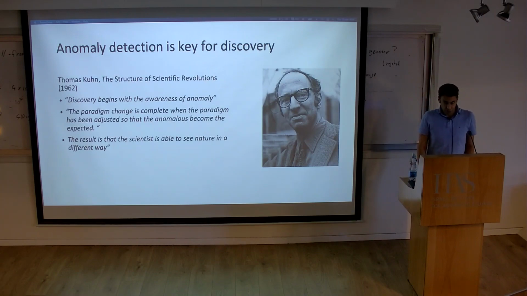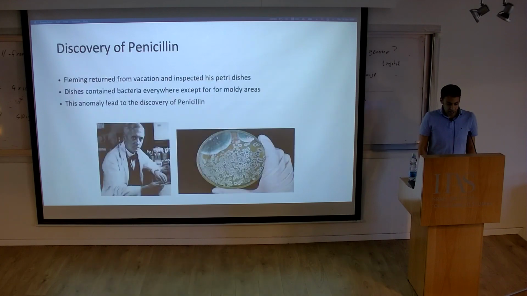Now we don't necessarily have to take this point of view, but at least I think most of us will agree that anomalies were responsible for some important discoveries in science. I think one nice story is the discovery of penicillin, which many of us already know, right?